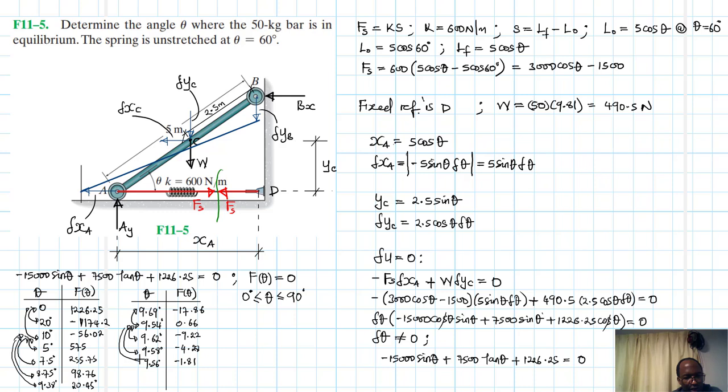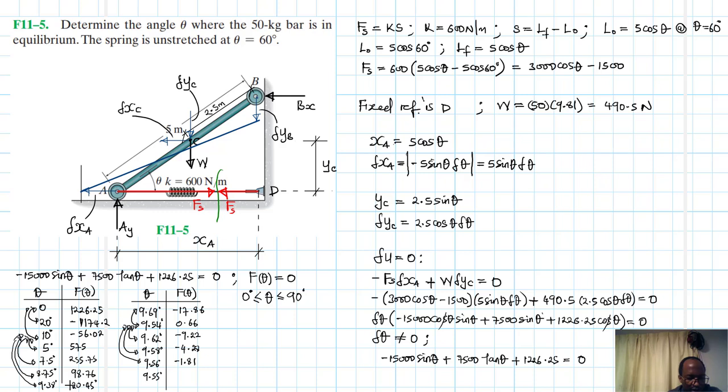Average of the two again. Okay, smallest negative and smallest positive. 9.54 plus 9.56, of course, is 9.55. Let's check out this one.